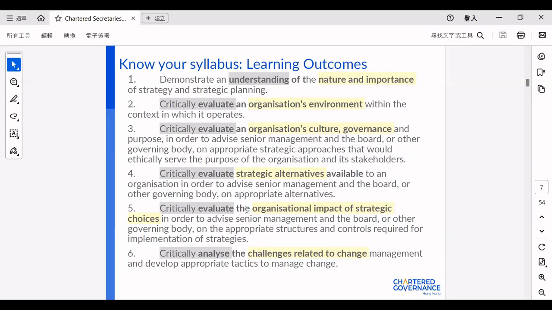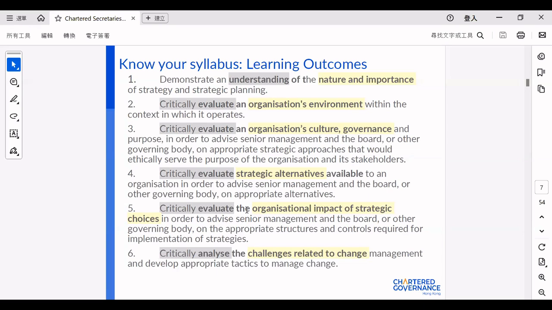Now, what we are saying is that in order to pass the subject, you have to demonstrate that all these outcomes are being met from your answers. Your answer has to give evidence to demonstrate that you can do all these 6 different things. Is it difficult?